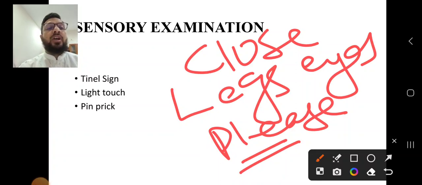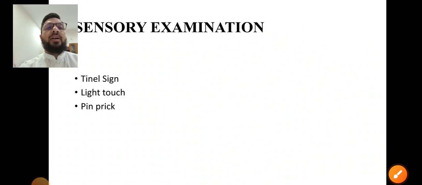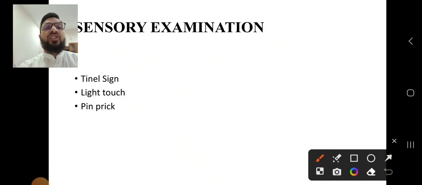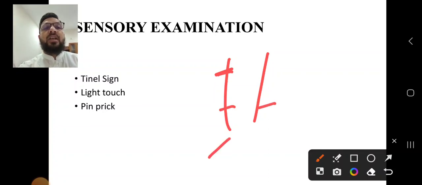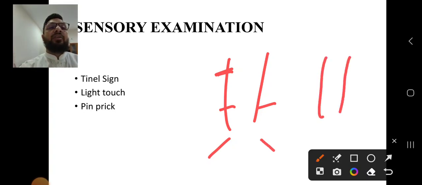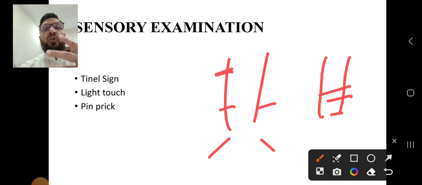And then please let me know every time you feel it. So you will take the cotton wool, touch it on the legs, and ask, are you feeling it? Okay, nice. Okay, great. And similarly then on the other leg. So that is how you have to perform this important sensory examination.